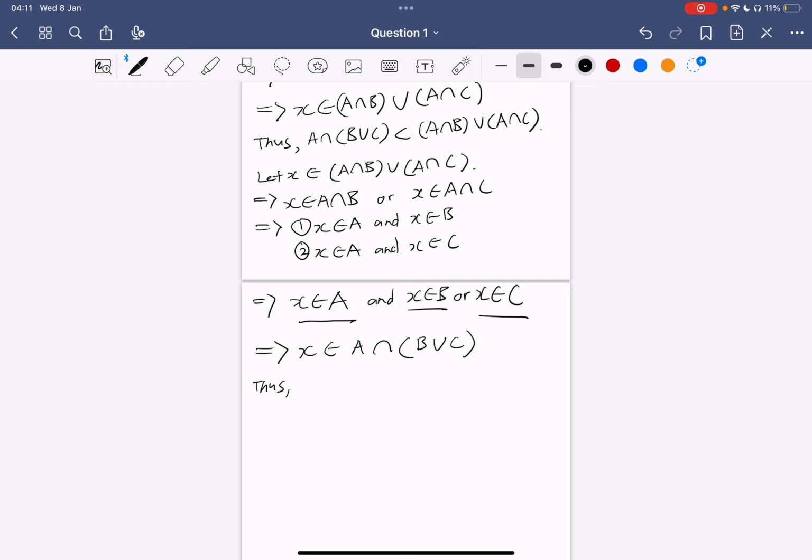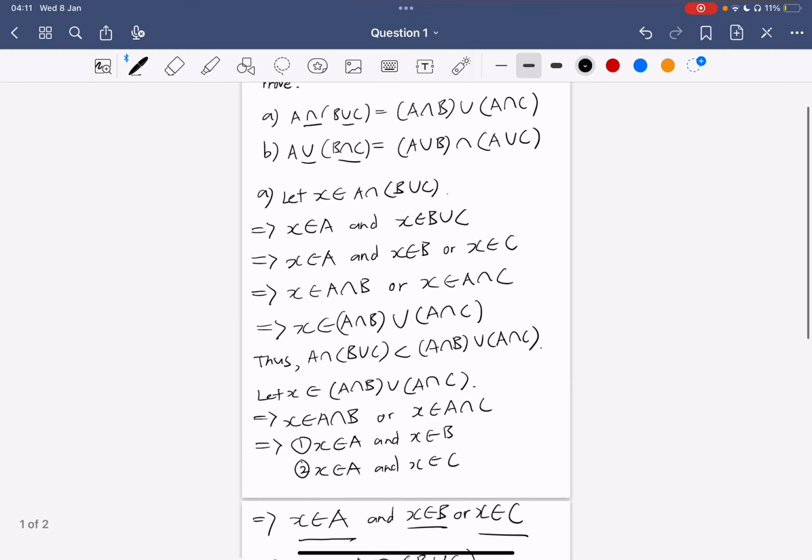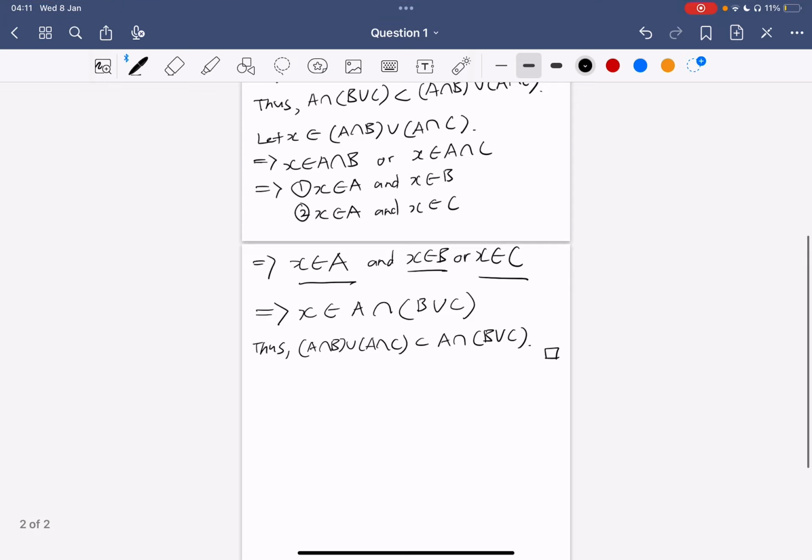Thus, we have shown that the set on the right-hand side is a subset of the set on the left-hand side. Thus, part A is proven.